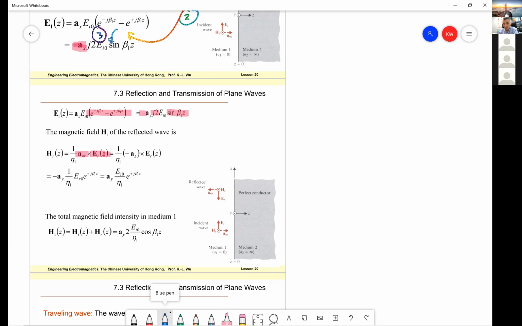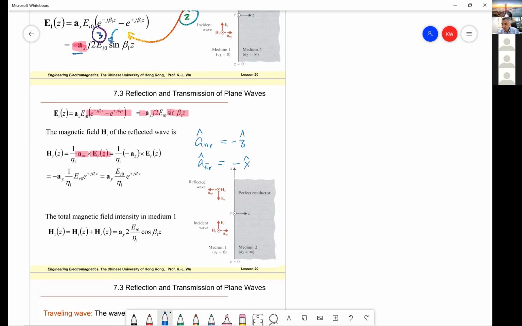So in this case, the unit direction for the reflected wave is minus Z. And the direction for the electrical field of the reflected wave is the minus X direction.